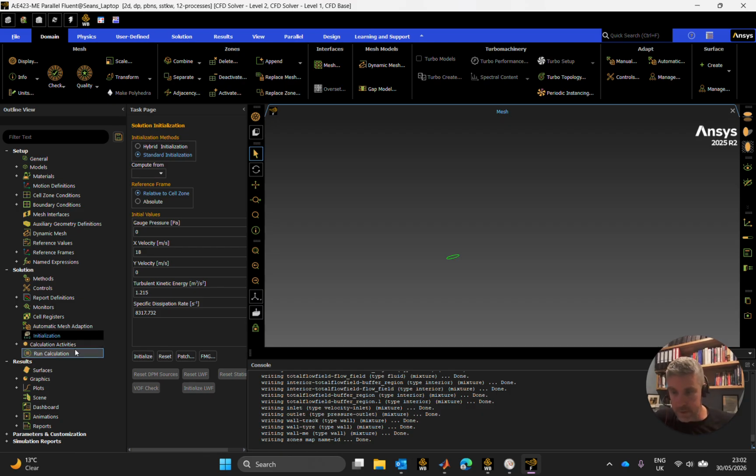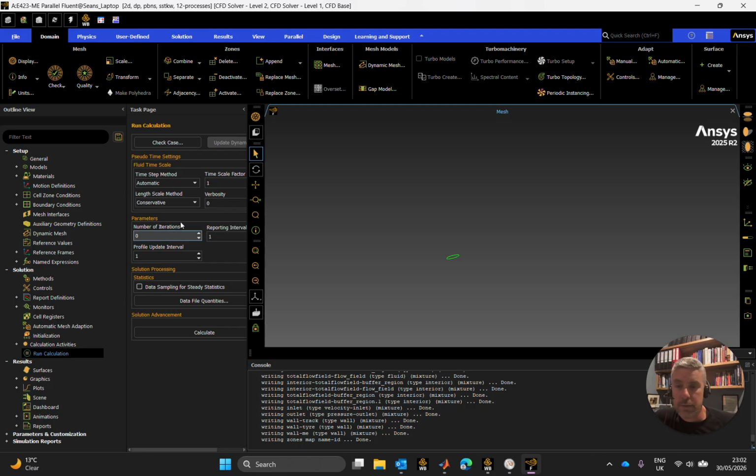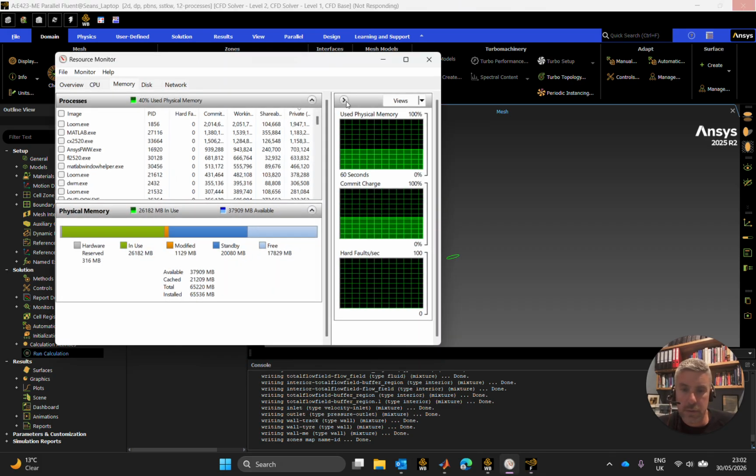Now down into the calculation where the fun happens. So number of iterations, let's go up to 1,000 here. 10,000 here, all night. Reporting interval, every 10 is fine. Must be running a few background processes here. How do we get 40% on that?